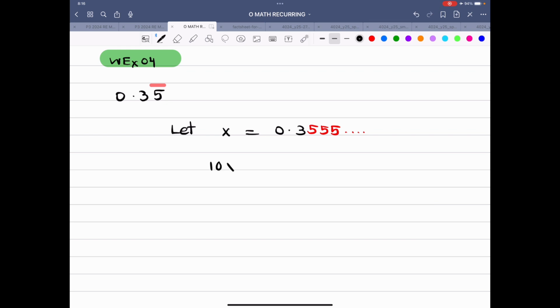Let's multiply by 10 first. 10x, that is 3 point, and let me use the same red color, 555 and so on. Now think over here. These two are different, so subtraction is not possible. Let me multiply with 100. If I multiply with 100, therefore 100x is 35 point, and then the red part 555 and so on.